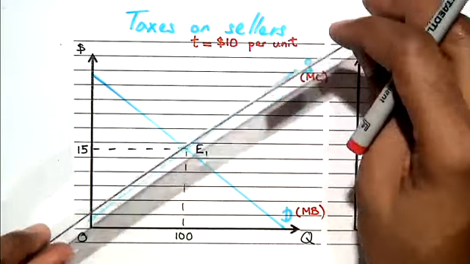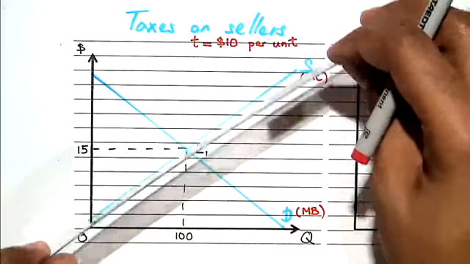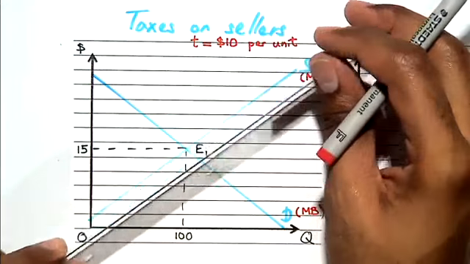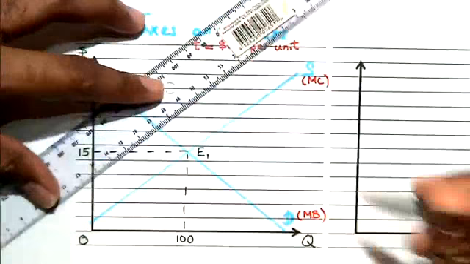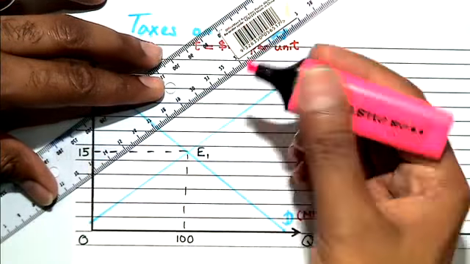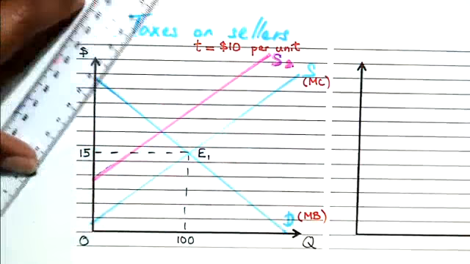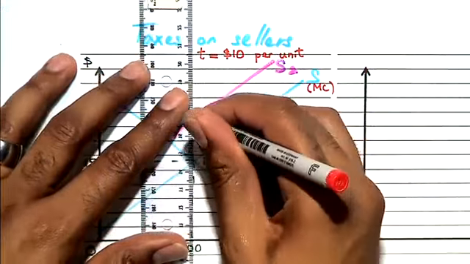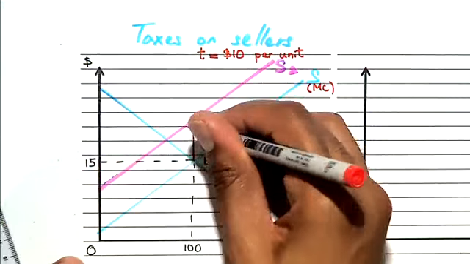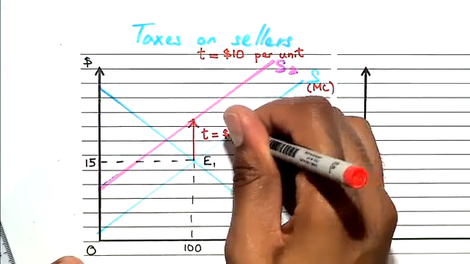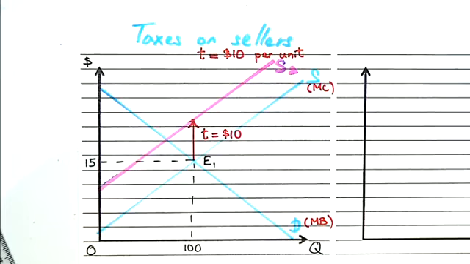Yeah? So it's better to think of it as up, down, rather than left, right. It will shift up by $10. The curve will shift up by $10.